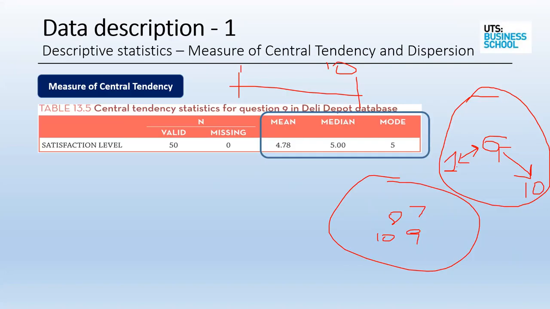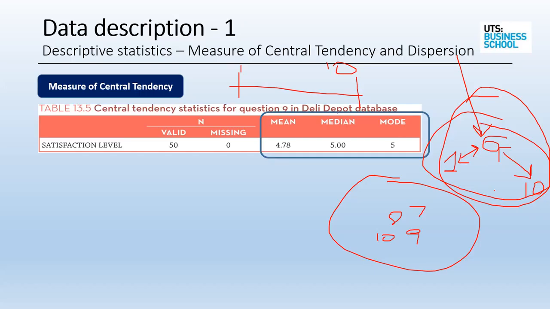But if some consumers are very unhappy, some consumers are extremely happy, you will see large dispersion in the data set. That means you have consumers coming to your restaurant who vary in their preferences and their tastes and the customer service levels. So identifying dispersion.